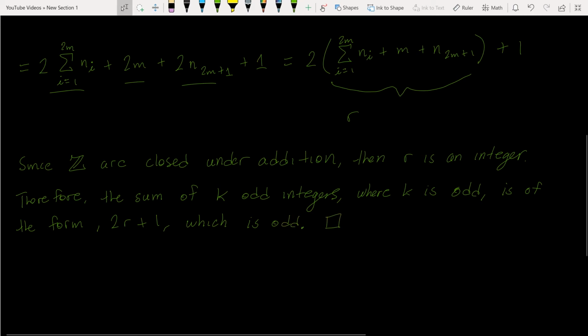And there you have it. We proved that the sum of k odd integers where k is odd is odd.